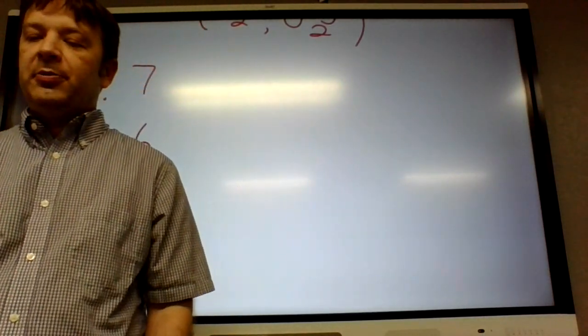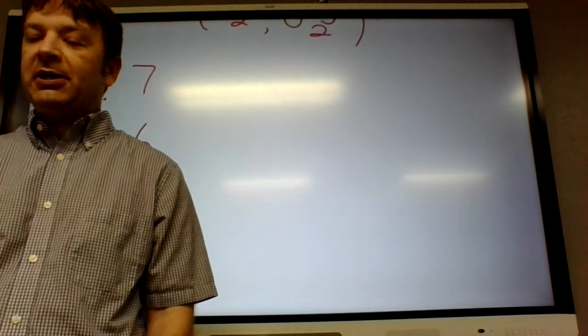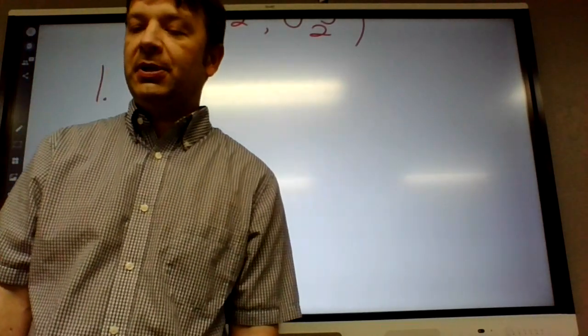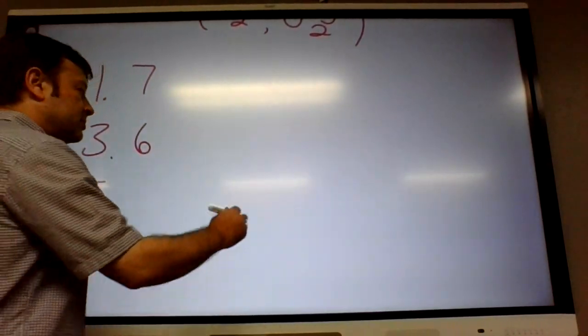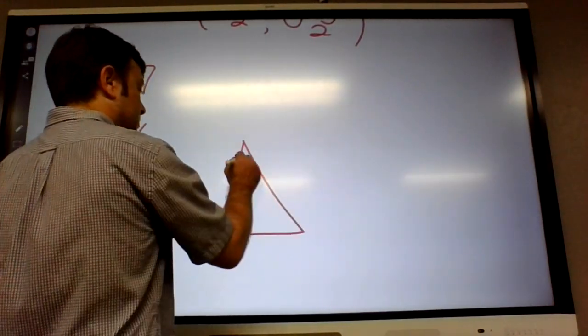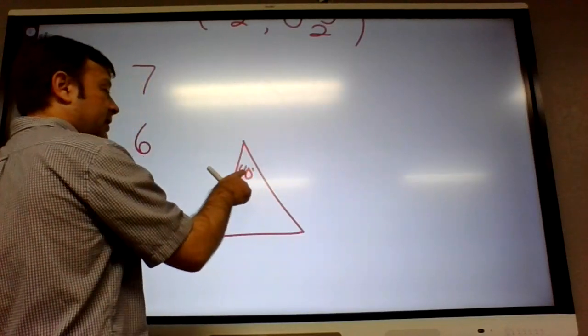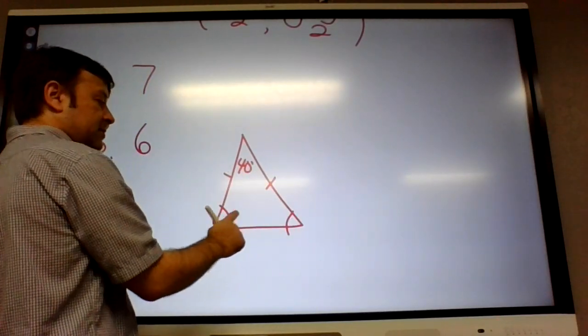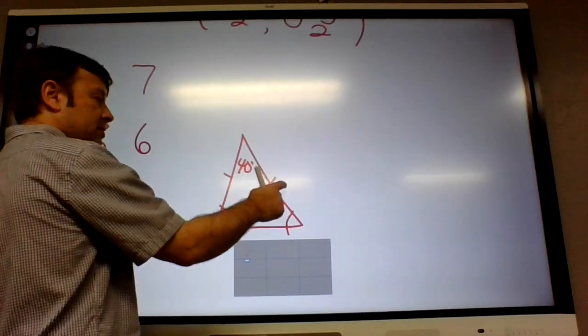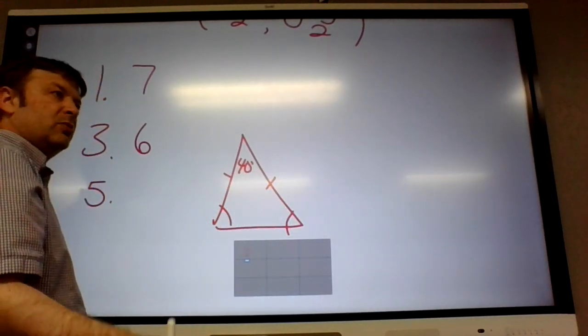Okay, number 5. So up top the vertex angle is 40 degrees. How do we find one of the base angles down below? Okay, if this is 40 degrees up here, how many degrees does that leave for these two? 180.